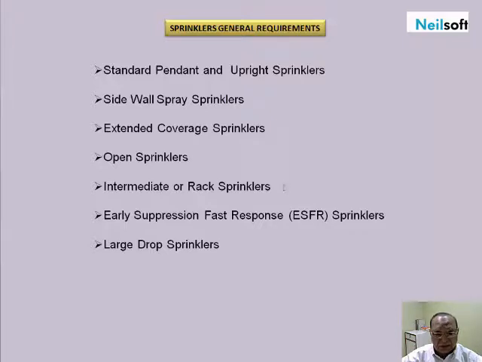Intermediate or rack sprinklers are used in the storage areas. Early suppression and fast response sprinklers also have their application in the storage area. The large drop sprinklers are generally used on spilled flammable liquids.